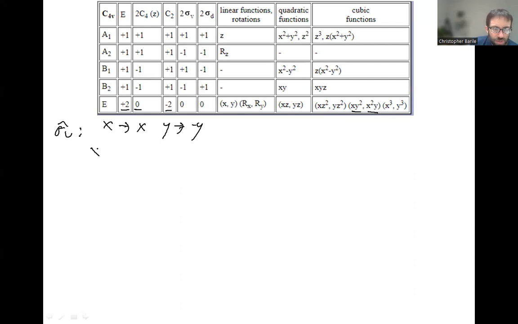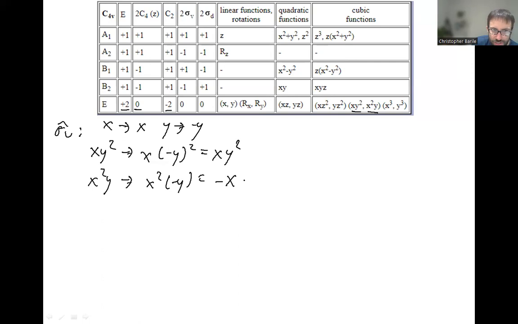And so we're asking now, what does xy squared do? Well, x went to x, so that gives x, and y went to negative y. That's squared, so it ends up just going to itself. And now we ask the question for x squared y, what happens? Well, x went to x, and y went to negative y, and so that is going to the negative of itself.